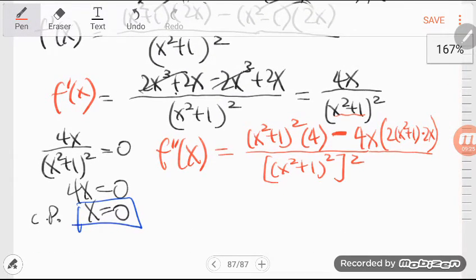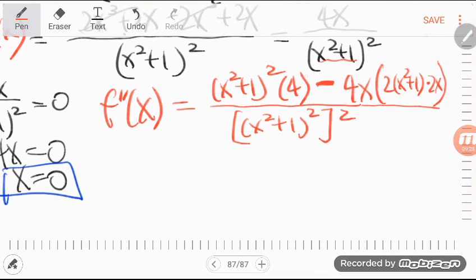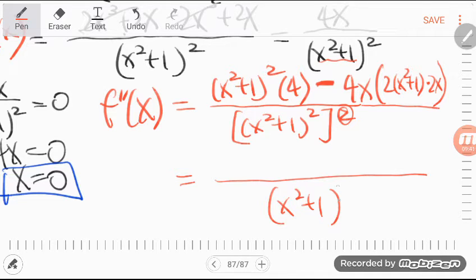Okay, so let's continue. Then let's try to simplify this whole thing. So I will have to apply the power to the power, and that gives us x squared plus 1, the whole thing to the power of 4.